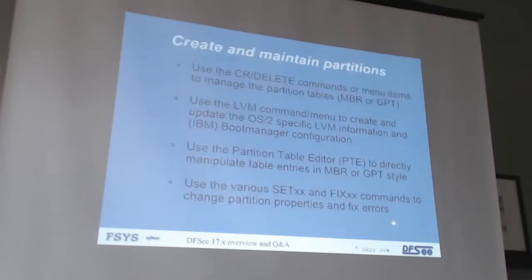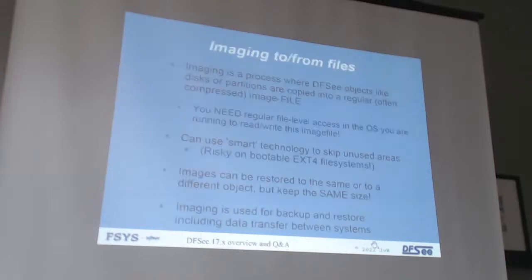Okay, maintaining partitions, of course, F-disk-like stuff. Imaging, that's sort of a backup restore thing, but then on a disk sector level, so you can make backups of whole partitions into files, and then later restore that file to a partition of the same size.